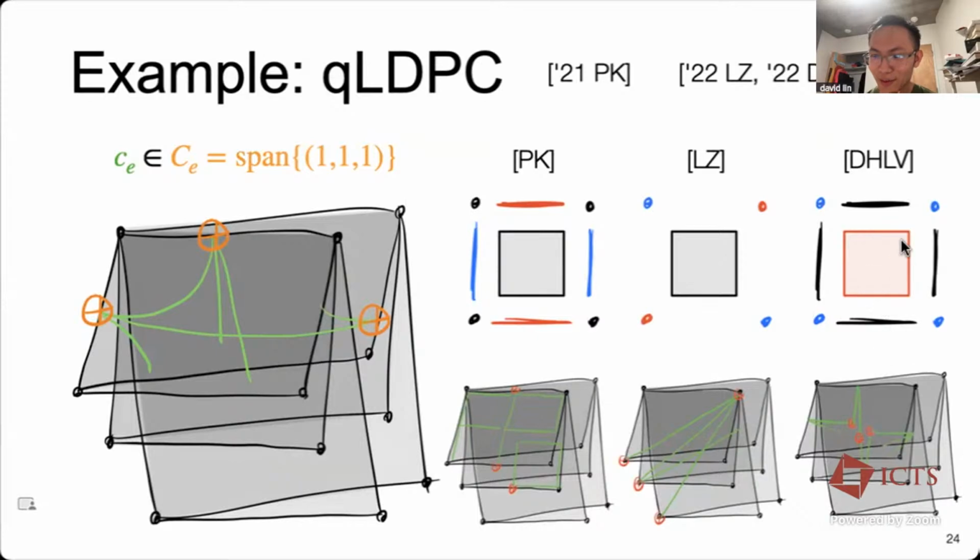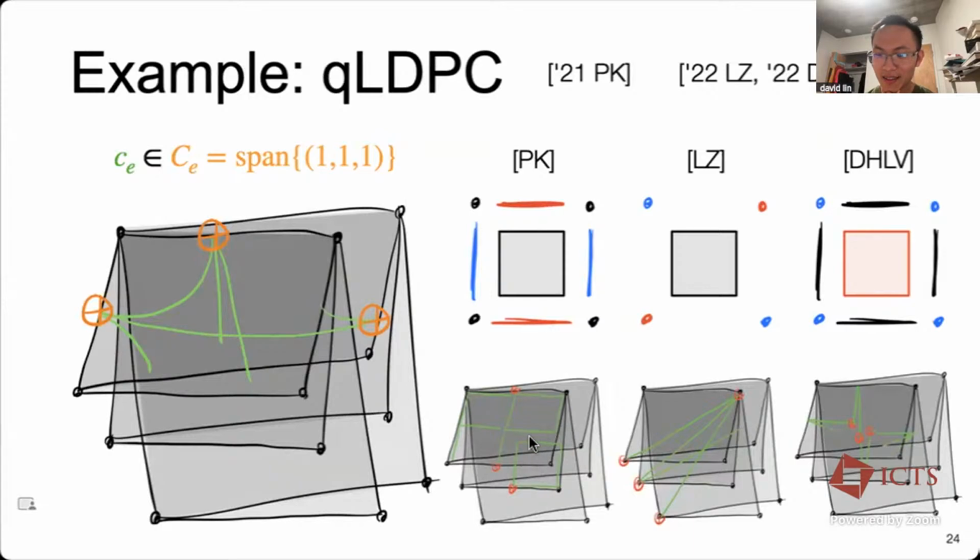Okay, and then the red check would just say that there has to be an even number of things coming in. Anyway, the point is that now you can turn that into this kind of spaghetti picture, and you can do the same for the Panteleev and Kalachev case.